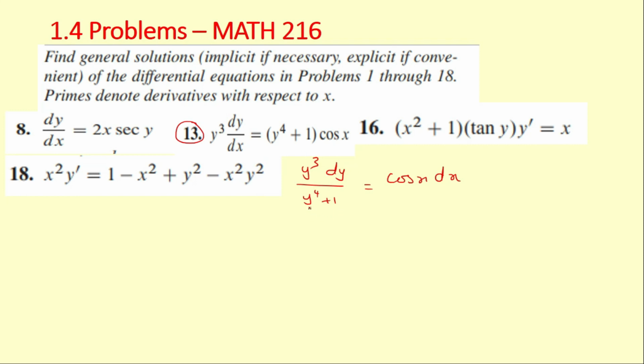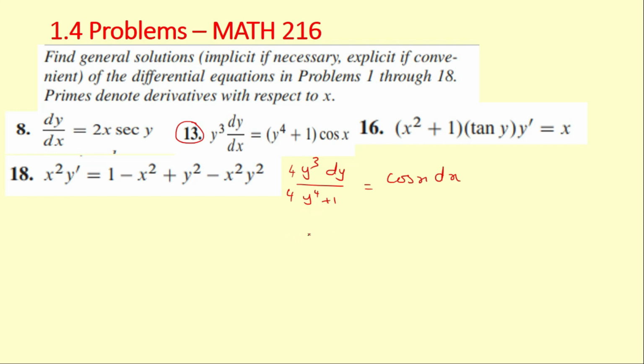Now when you differentiate the denominator y raised to 4 plus 1, you will end up with 4 times y cubed plus 0, which will give you an idea that the integration of this term will lead to ln of the denominator. Or you can use the substitution method, but I can directly use a 4 by 4 here, so that I can use the technique of differentiating the denominator gives the numerator.